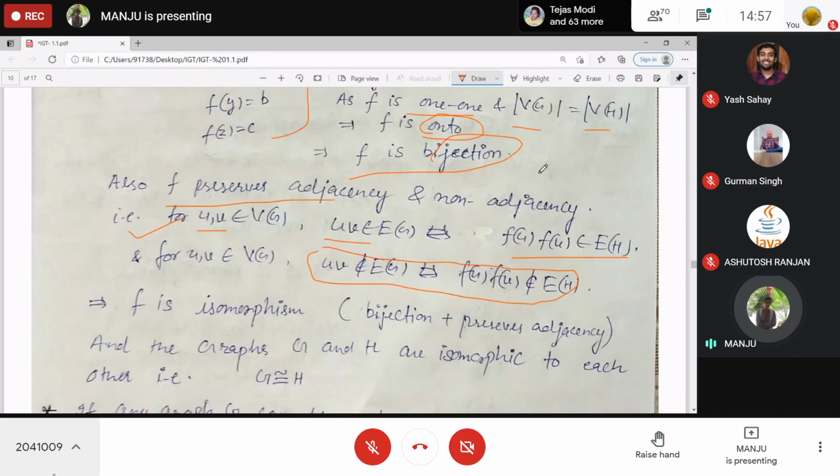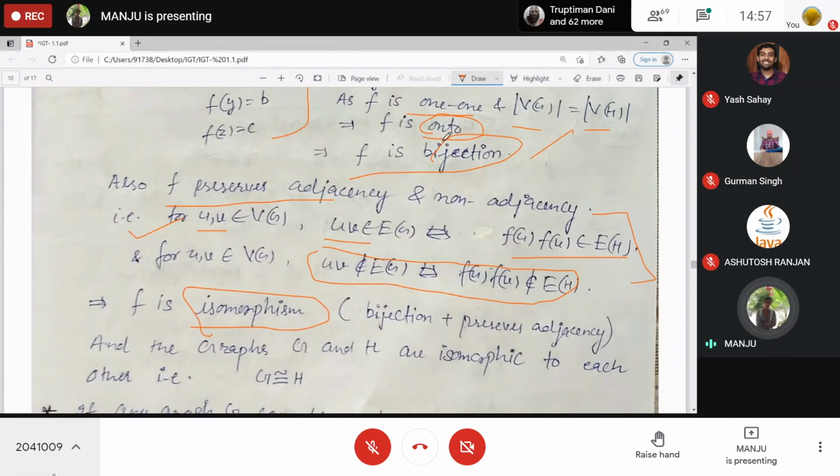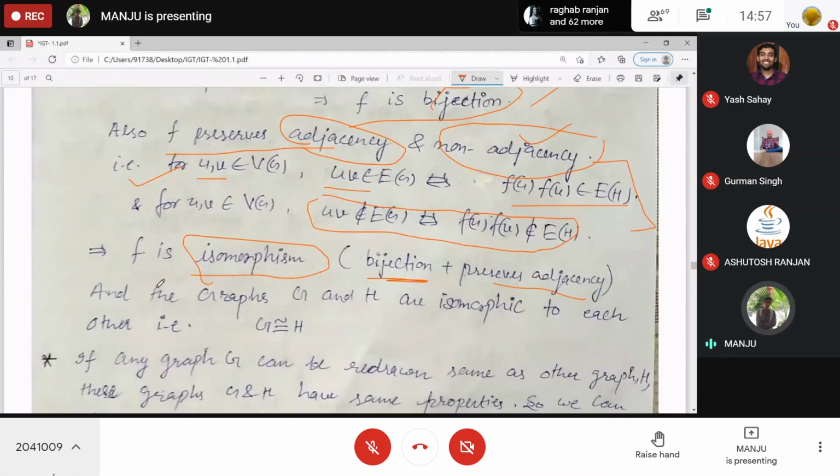So this bijection plus this condition becomes your isomorphism, right? If F satisfies both conditions, bijection 1-1 and onto, and the adjacency condition. Actually, this non-adjacency comes from adjacency only, right? If adjacency is preserved, non-adjacency is also preserved, right? So you can write both conditions or at least one. So bijection and preserves adjacency, that's why this becomes an isomorphism.